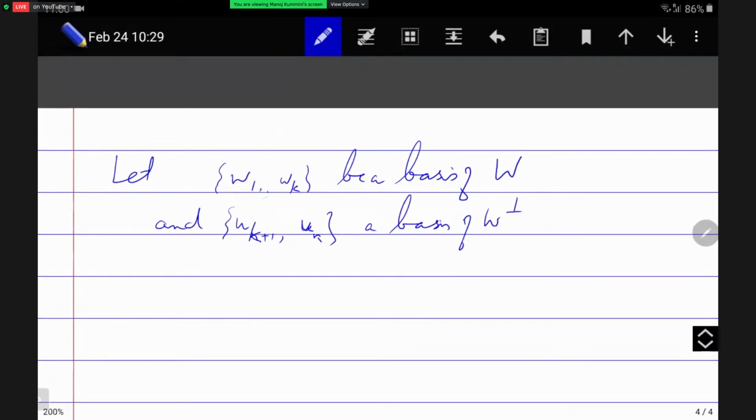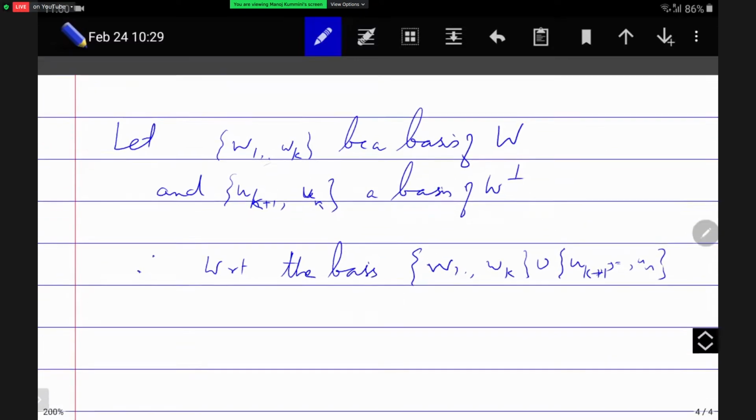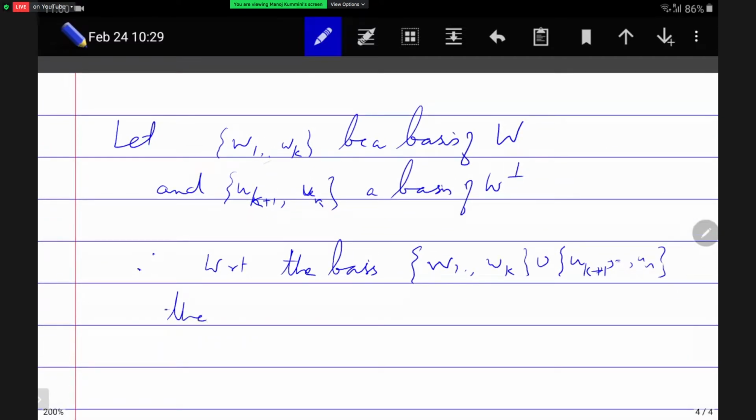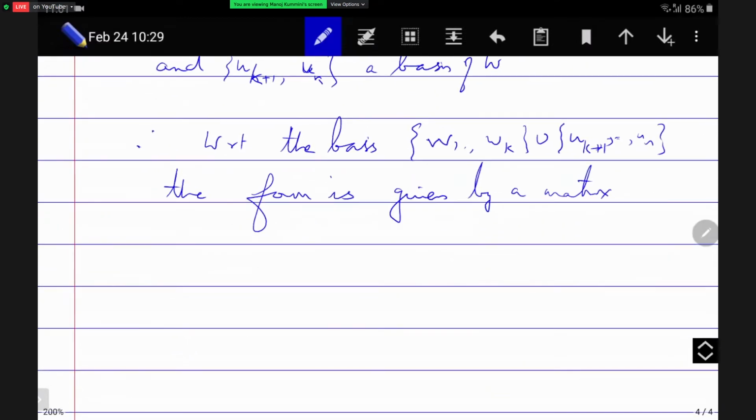Okay. Then V is the direct sum. So therefore, with respect to the basis of the union, the form is given by a matrix M, which is block diagonal.